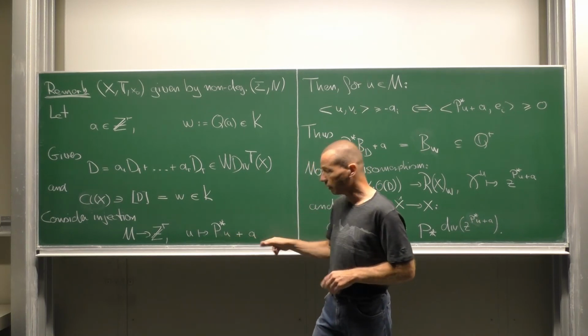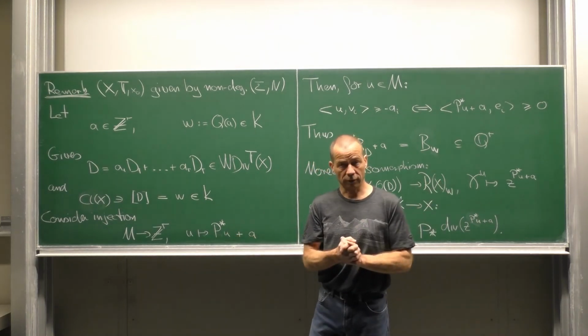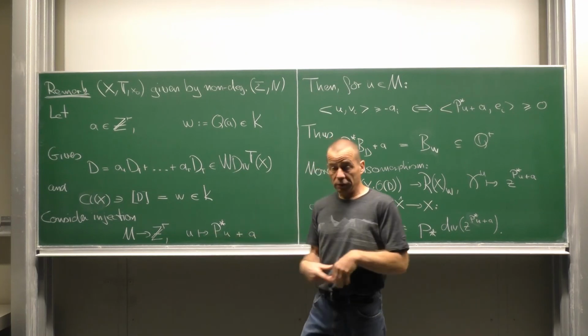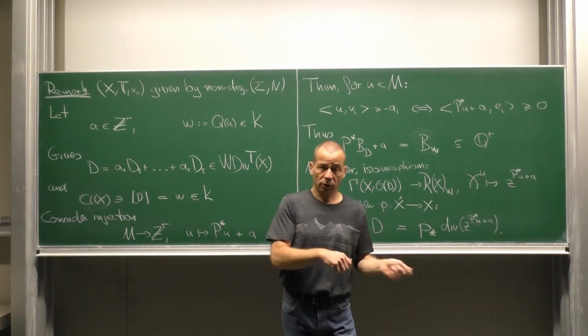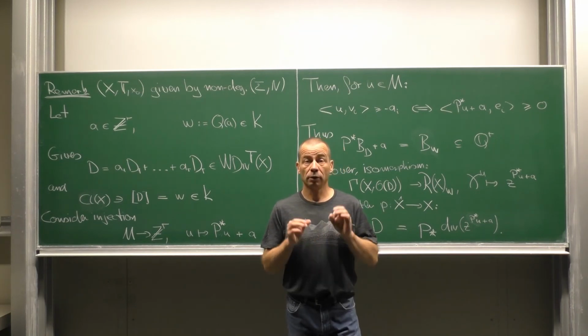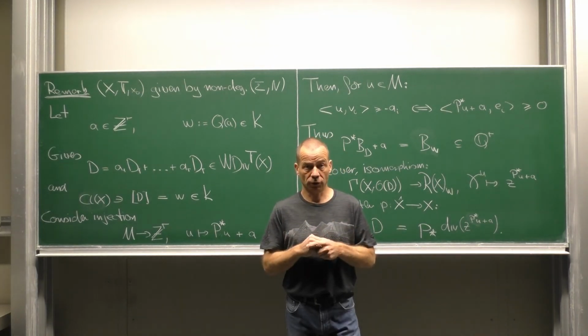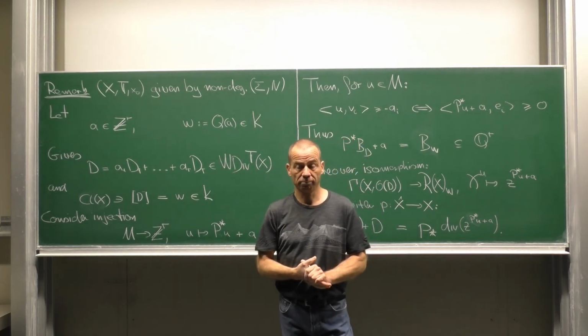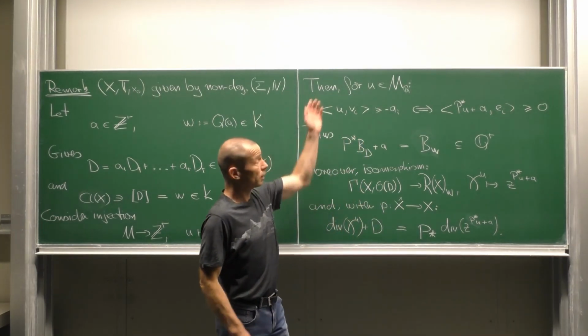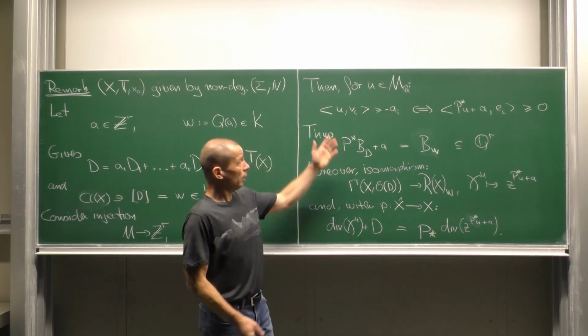Here we have the linear part and then just translation. This is indeed injective because P as a map of vector spaces is required to be surjective, as sigma is non-degenerate.